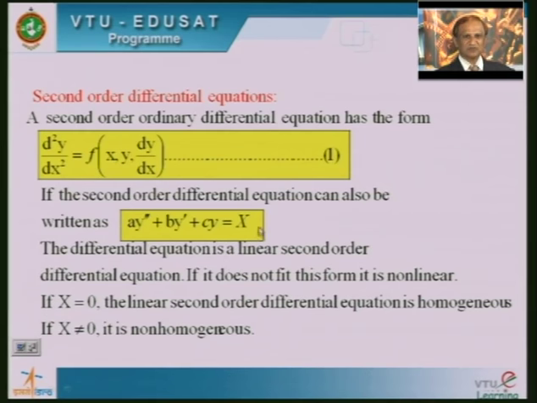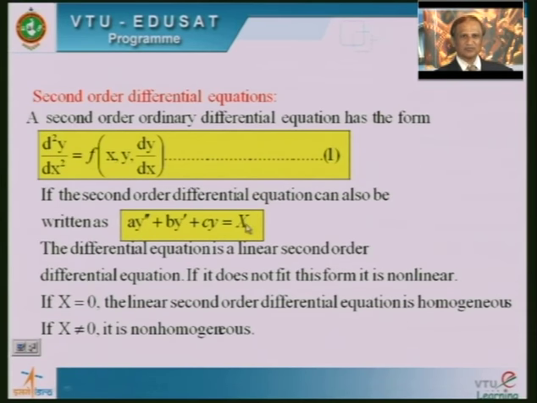So, friends, you observe the right hand side, it contains capital X. Sometimes it may be equal to 0. Suppose I put capital X equal to 0, then the linear second order differential equation is homogeneous, right. Suppose the right hand side member is 0, then I will call such equations homogeneous equations, right.